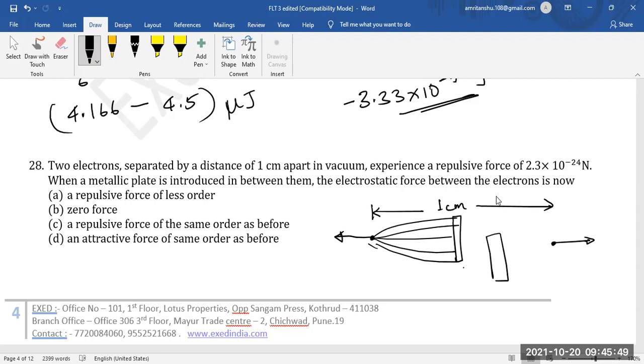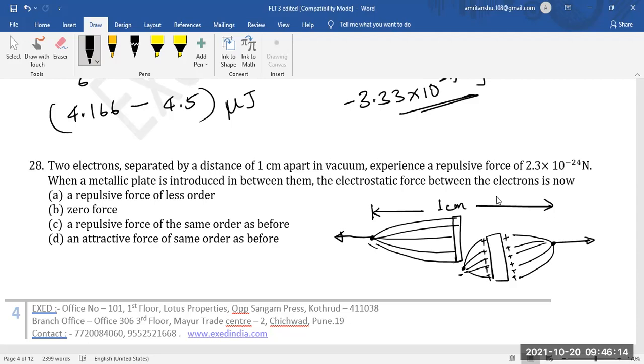Here what we see is, here if it's a negative charge, so here some positive charge will appear. Same will happen here, some positive charge will appear. Okay. And probably this will connect to this, and this will connect to this, and now this won't be able to repel it.